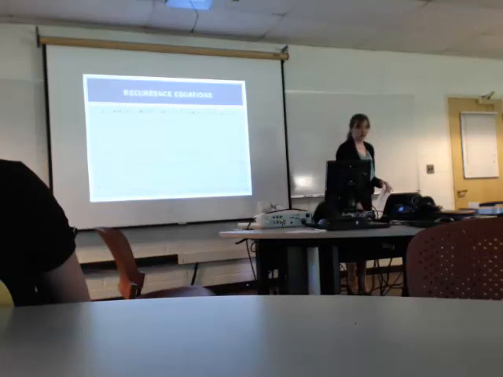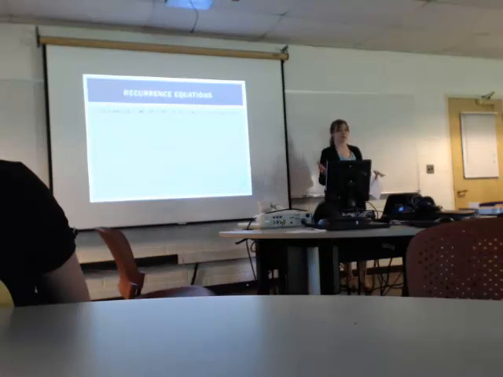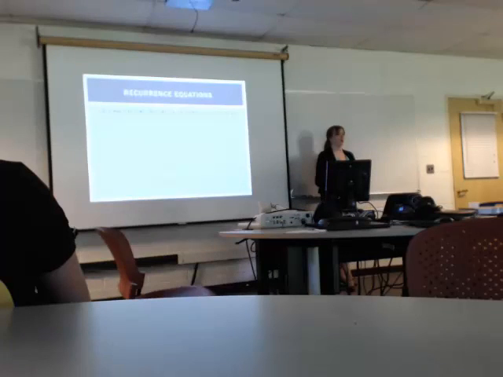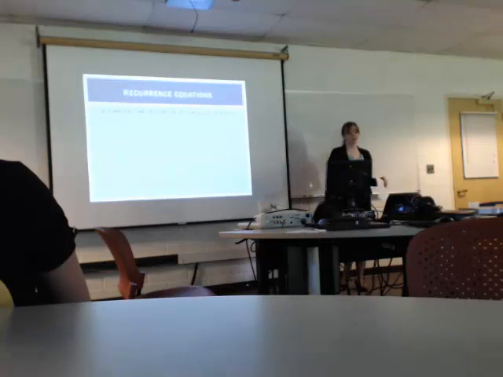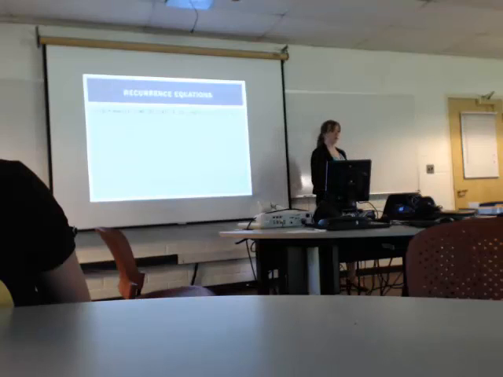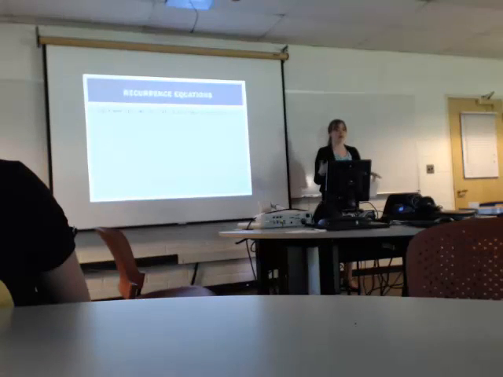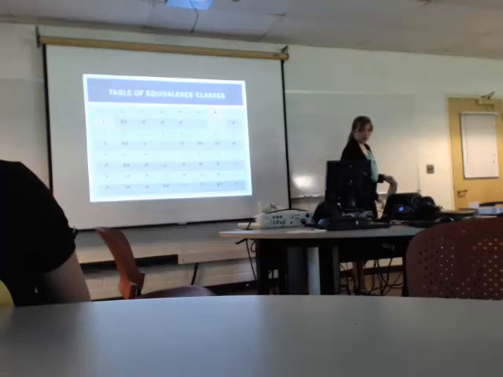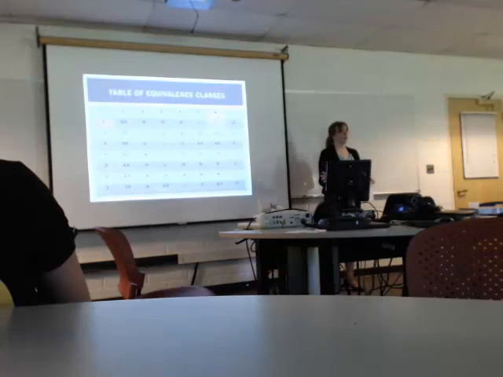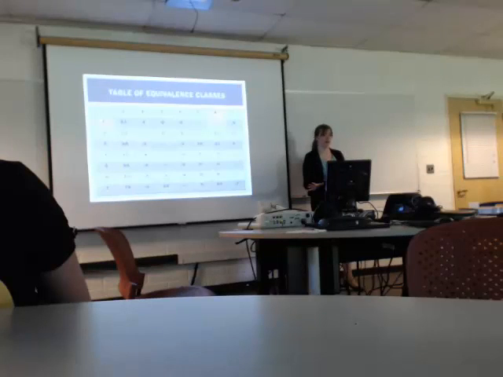So let's look at something called a recurrence equation. The recurrence equations are what allow us to run the algorithm. The way this is made is that we have class 1, and to make the equation, we go back to the table and look for a 1 wherever it is in the table.